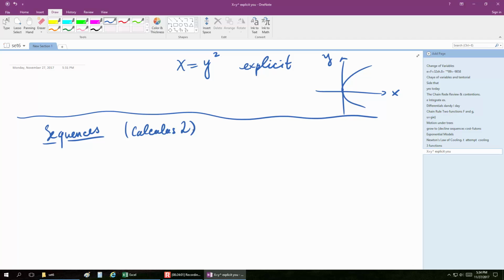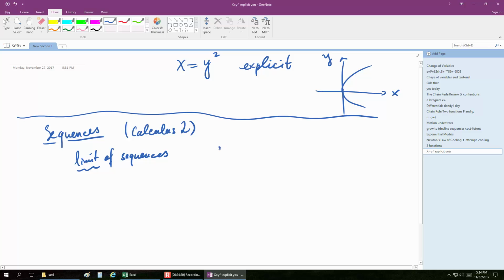They are very convenient tools for handling a number of issues. So number one was limits. Limits of sequences to begin with. If you want to understand limits, sequences are a good way to start.